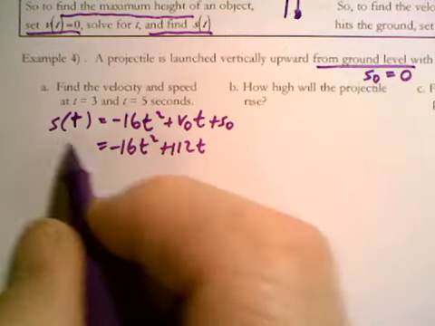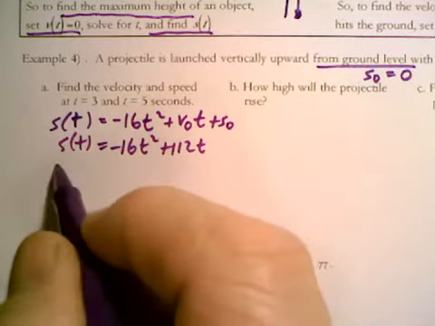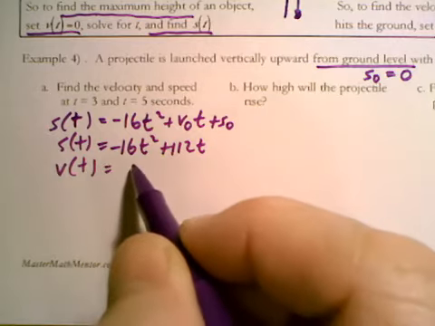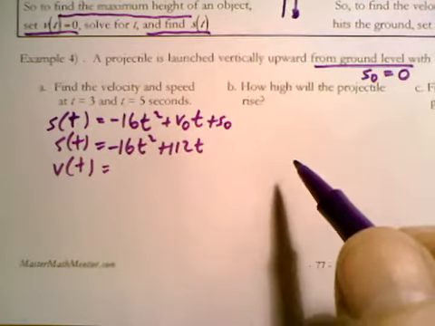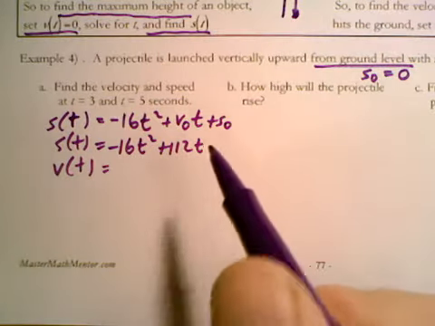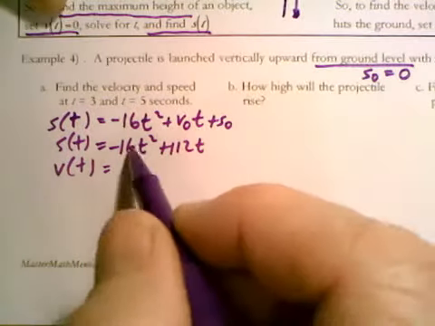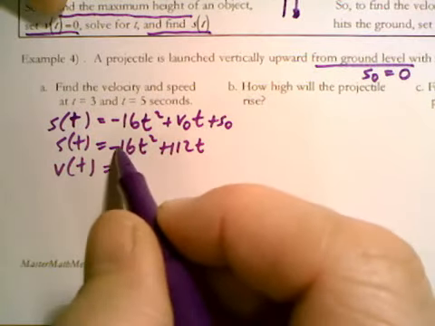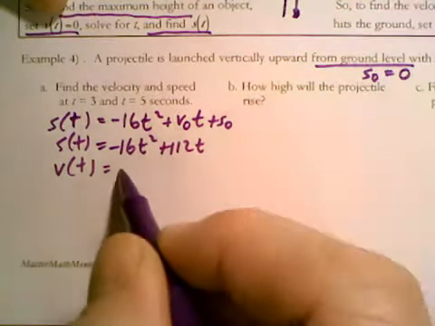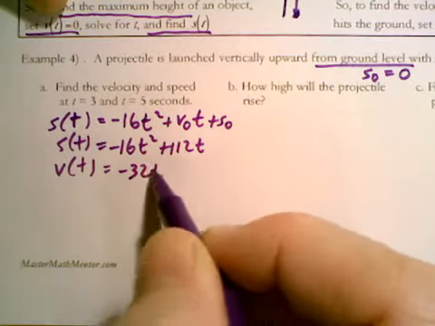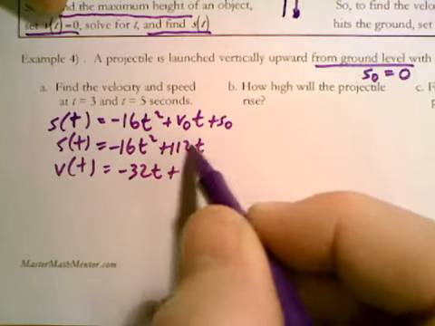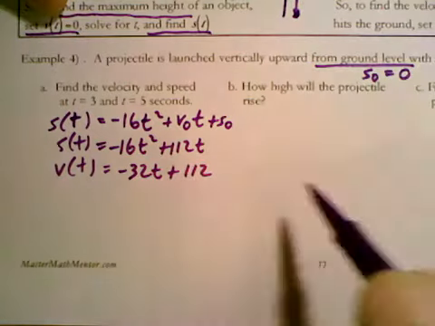So we have our position function, and from that we need our velocity function, and the velocity again is the rate of change of the position. And the rate of change of the position is the derivative of the position. So the derivative of negative 16t squared is negative 32t, and then the derivative of 112t is just 112.